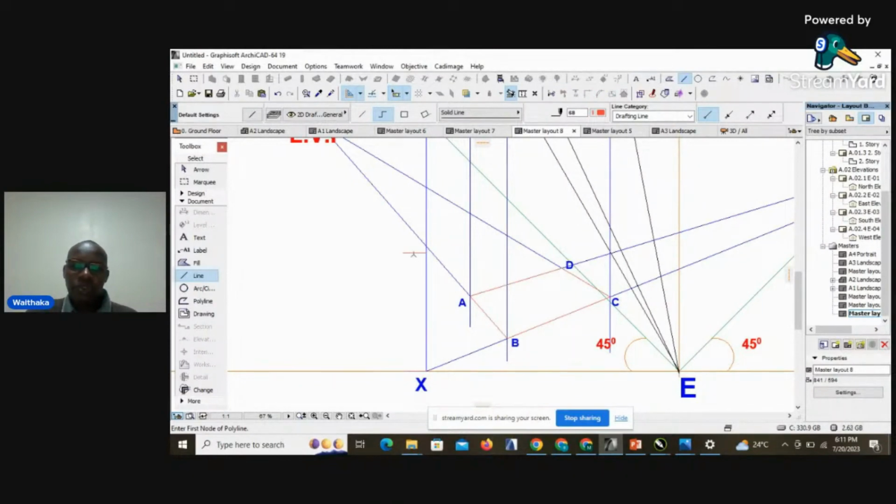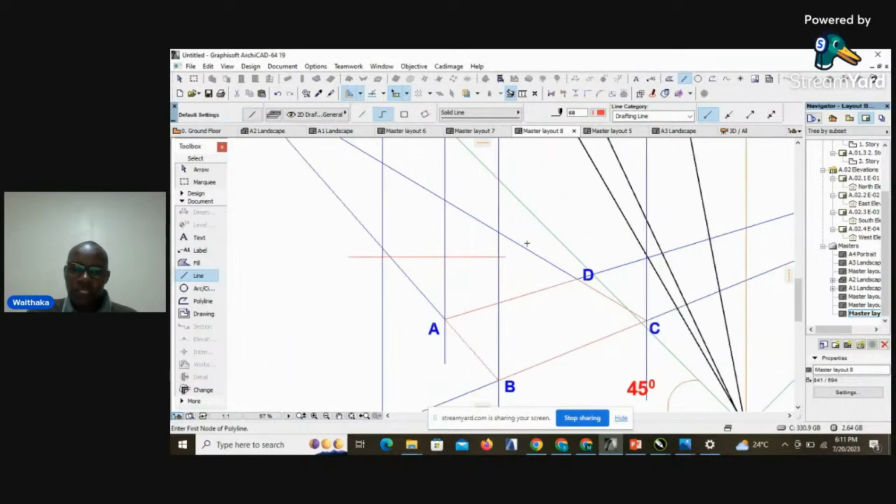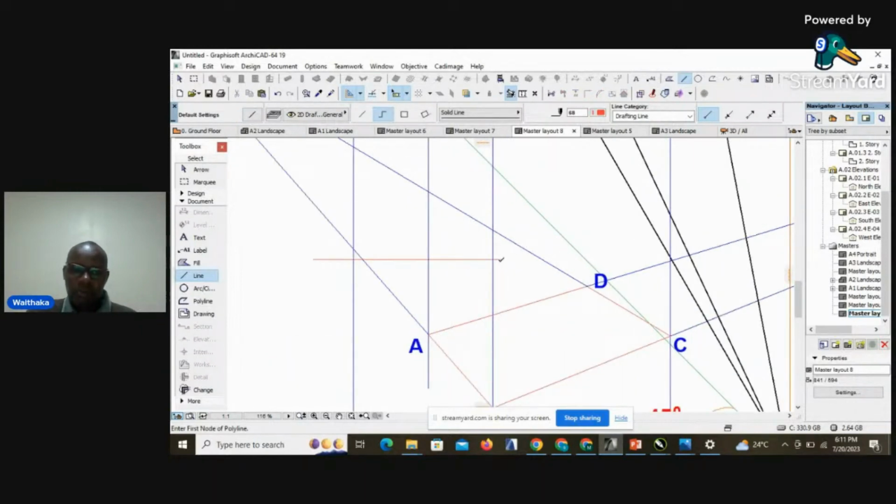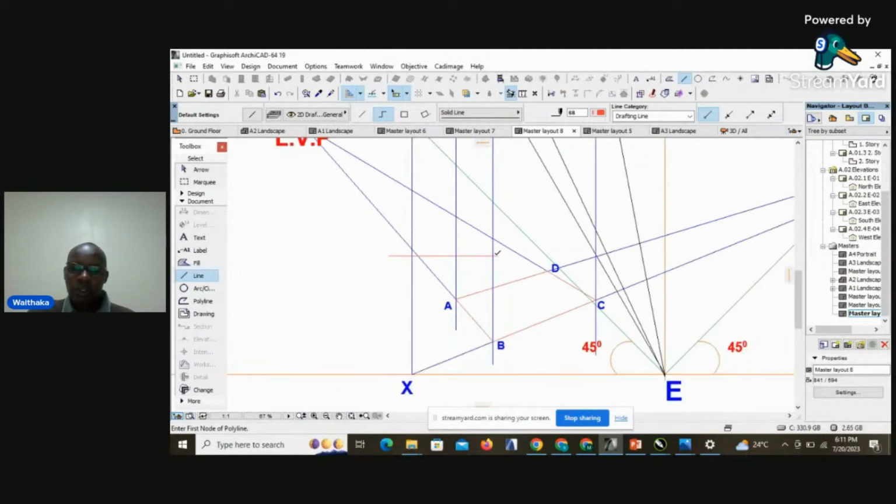And what we'll need to do is to reference or to transfer this height to the line that is coming from point B. From point B, we just transpose that height until it touches point B.